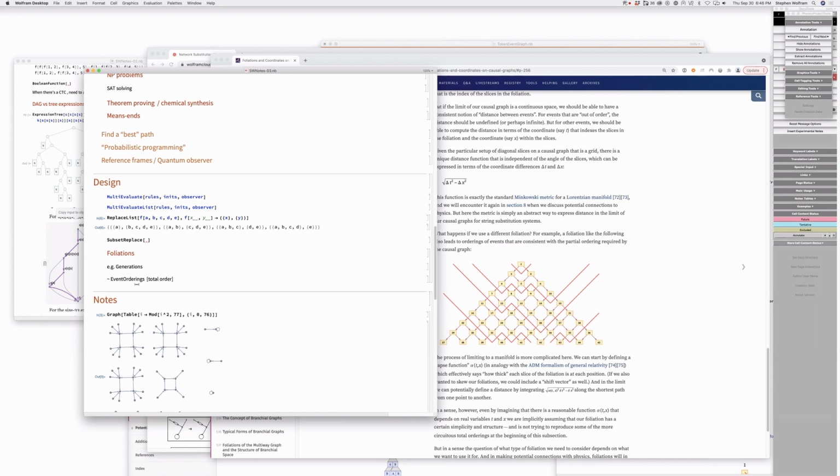By the way, another related thing with foliations is breadth first search and the different variants of breadth first search. Iterative deepening is a foliation with respect to some heuristic that is a function of the state. Okay, I've never heard of iterative deepening.